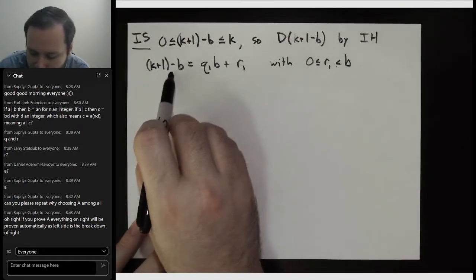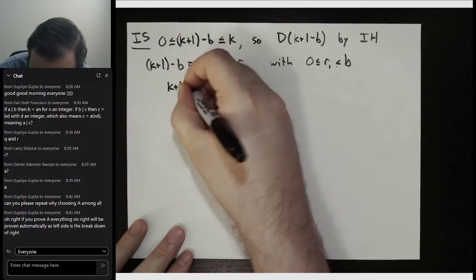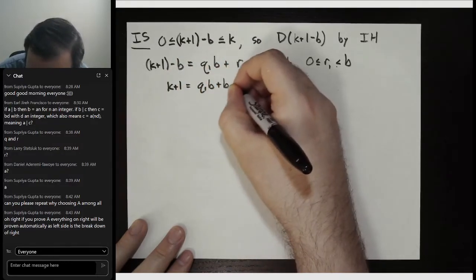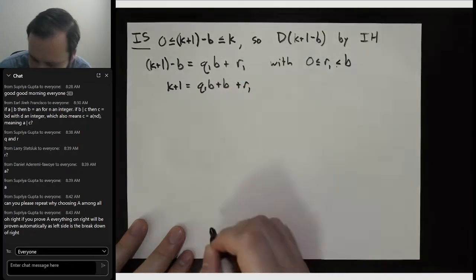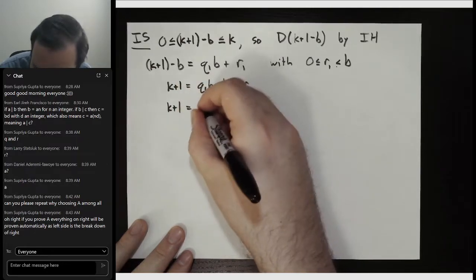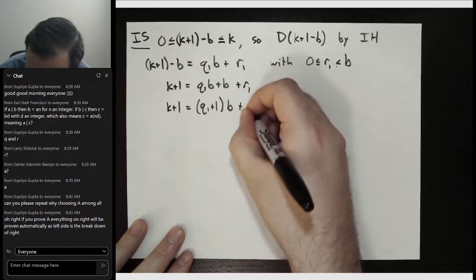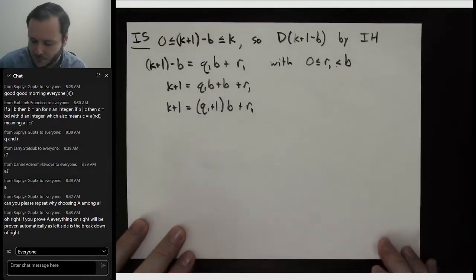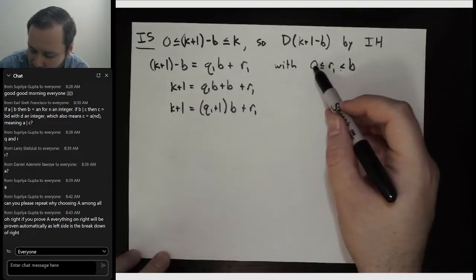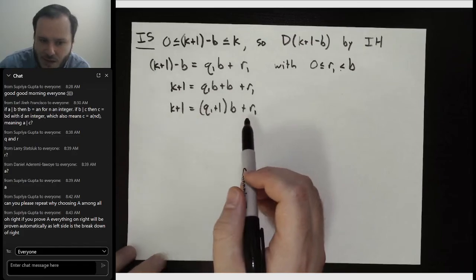And now I just want to move this b over to the other side. q1b plus b plus r1, which means that k plus 1 is equal to q1 plus 1 times b plus r1. And I still have this condition that I need. I needed r1 to be stuck between 0 and b, and it is. I get the same remainder.